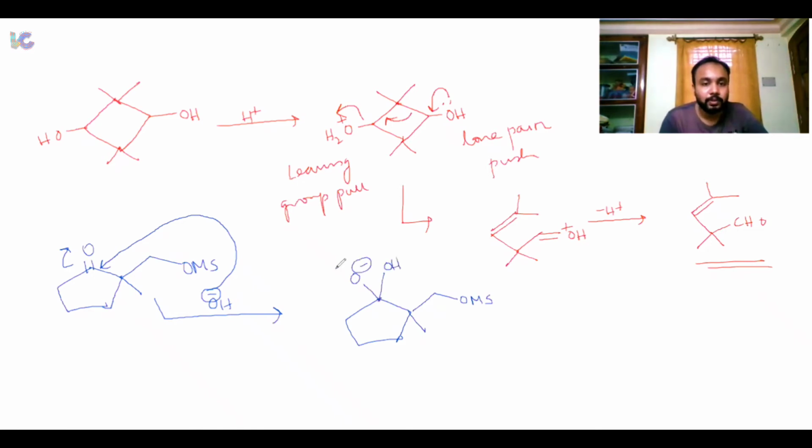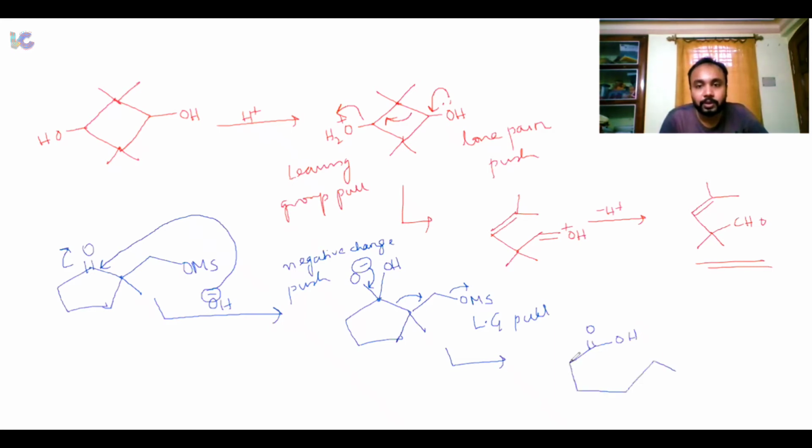Now this side becomes a negative charge push, and here we have the OMs group, which is a leaving group, so it is a leaving group pull. So this will come over here, this bond will shift, and this OMs will leave. So we end up with this product of this reaction.